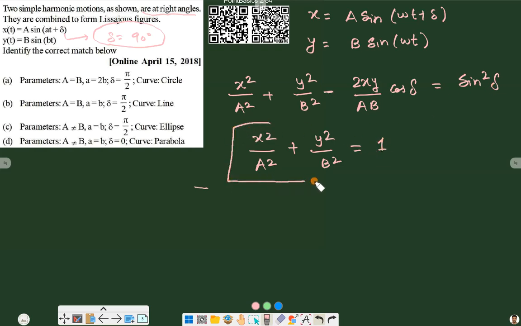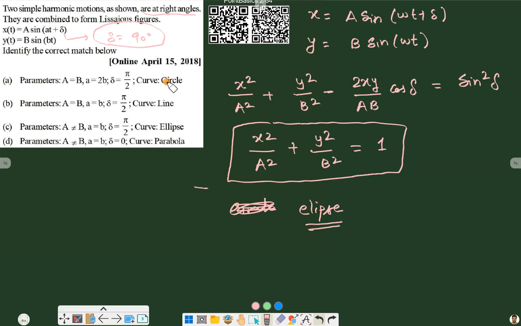So we will be left with this type of equation, and here we don't know whether a and b are equal or not. If a and b are equal, then this represents a circle, but if a and b are not equal, then it represents an ellipse.